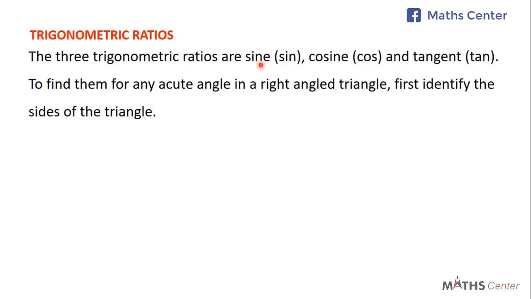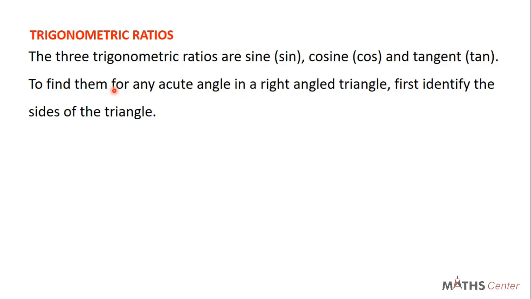These are the three trigonometric ratios. So I said trig. Trig is the short form of trigonometry. So whenever you hear me use the word trig, I mean trigonometry. So the three trig ratios are sine, cos, and tan.